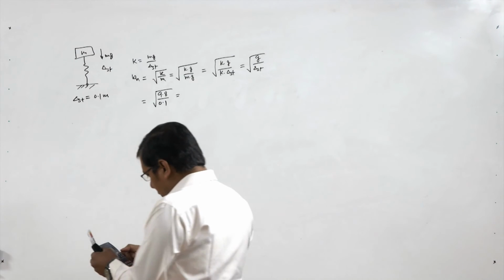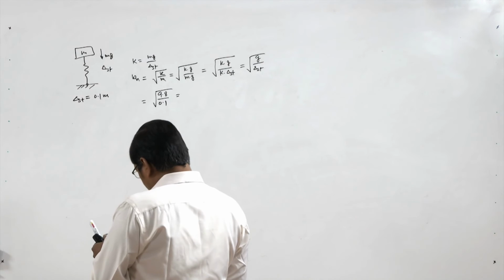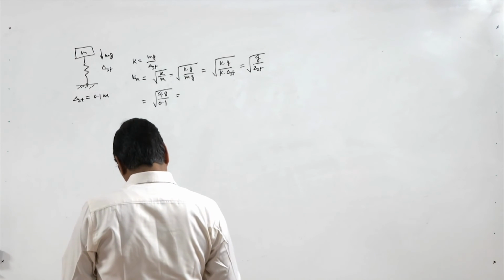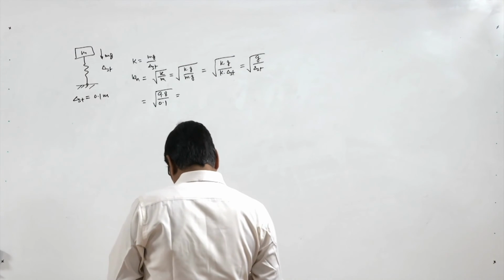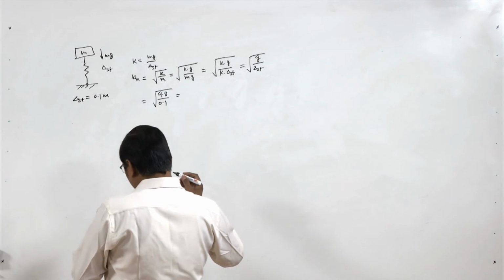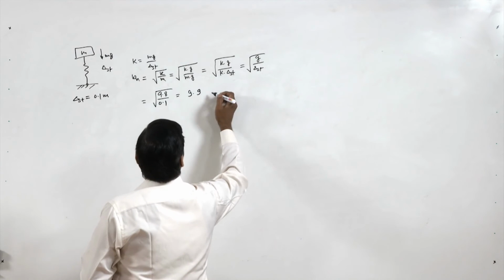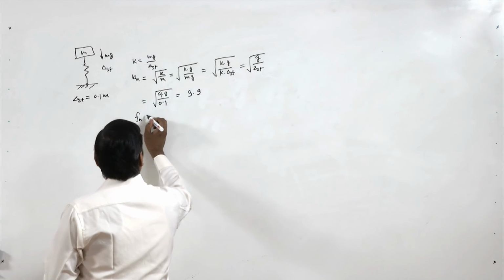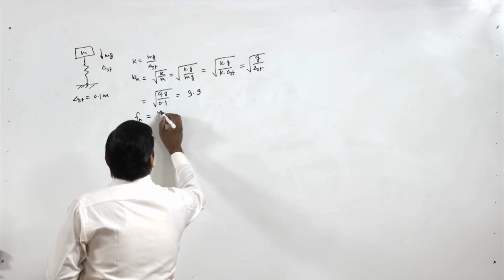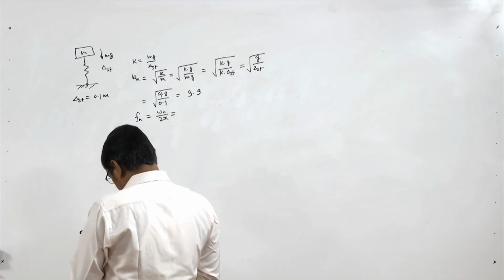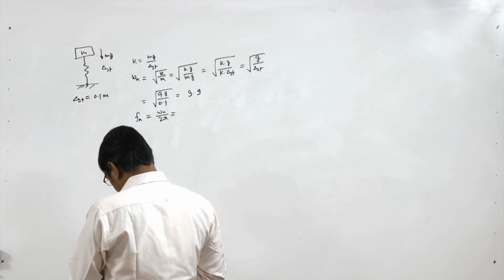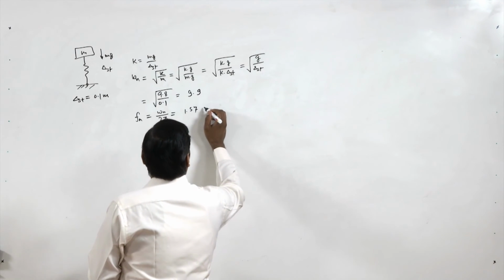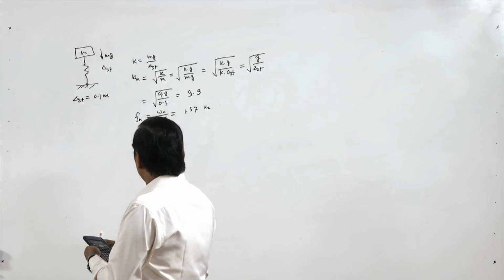It is 9.8 by 0.1, so it is coming to be 9.9 radian per second, and the natural frequency fn equals omega n upon 2 pi, so it equals 1.57 hertz or so. So we have got the natural frequency.